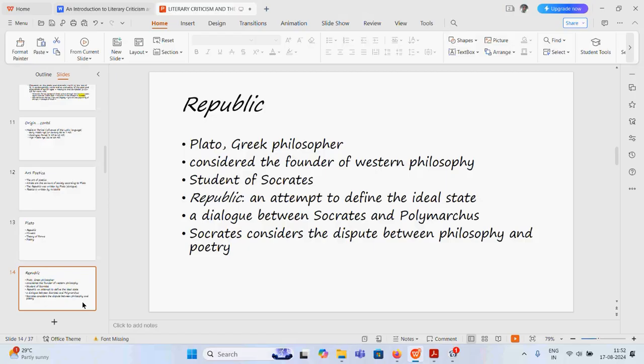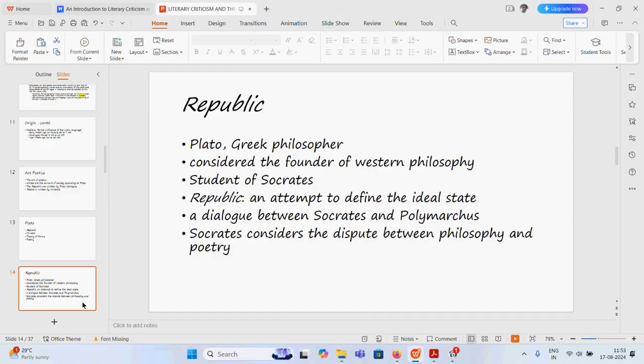A little while ago, I told you Plato was a Greek philosopher. He is considered to be the founder of Western philosophy, which derives heavily from both Plato as well as Aristotle. He was a student of Socrates. In this work, the Republic, it is his ideal state. There is an attempt to define the ideal state.